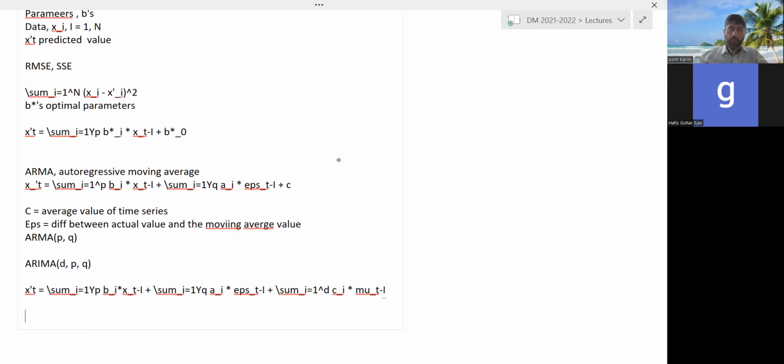Okay, so this was more or less some of the traditional techniques, and they are still used, but nowadays, most of the time series forecasting is done using neural networks. So, of course, we can't cover the whole of neural networks in just a few minutes in lecture, so I'm just going to give you an overview.